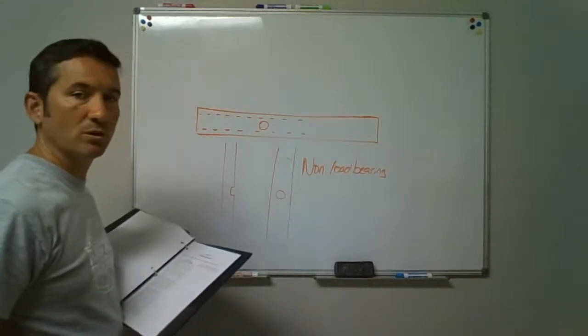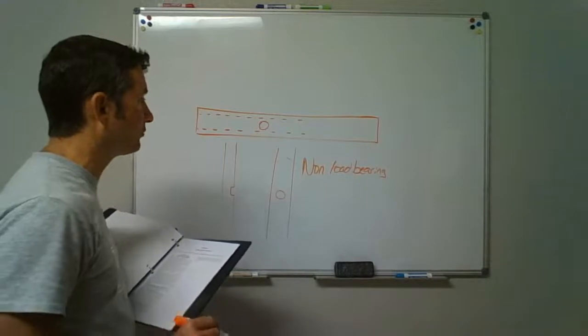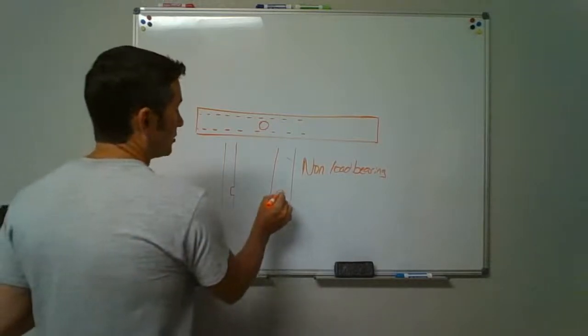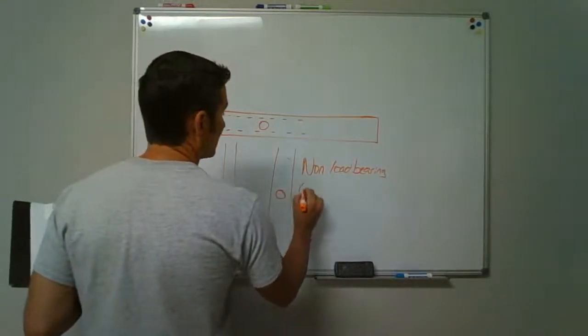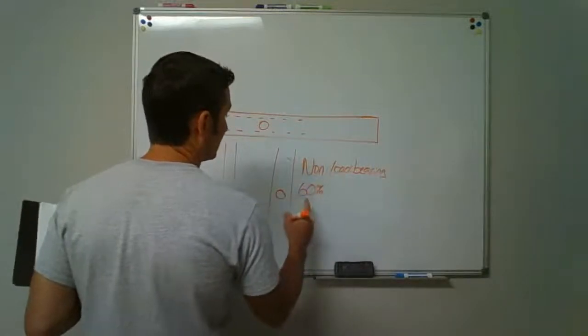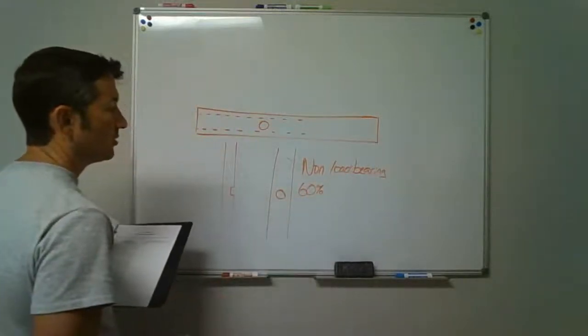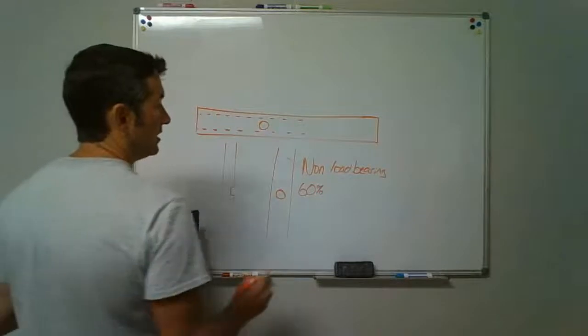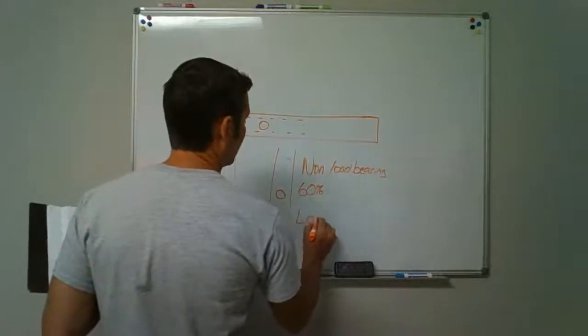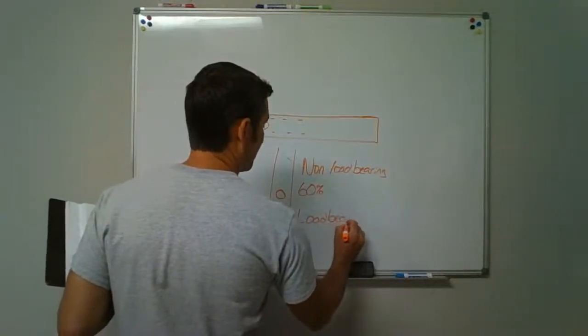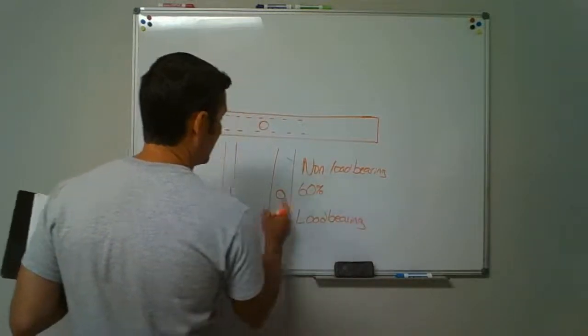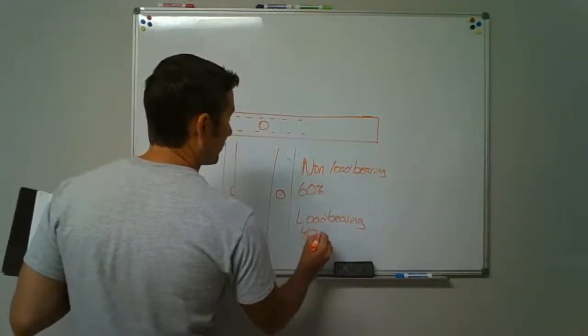It's not really supporting any load of the house and no weight of the roof. So non-load bearing, this hole can be 60%. You can drill a hole 60% of that size. If it's load bearing, that hole can be 40%.